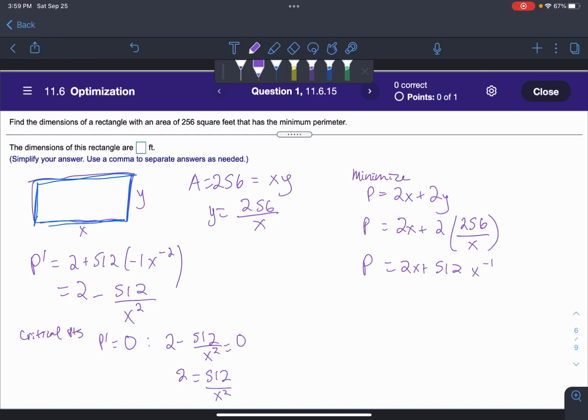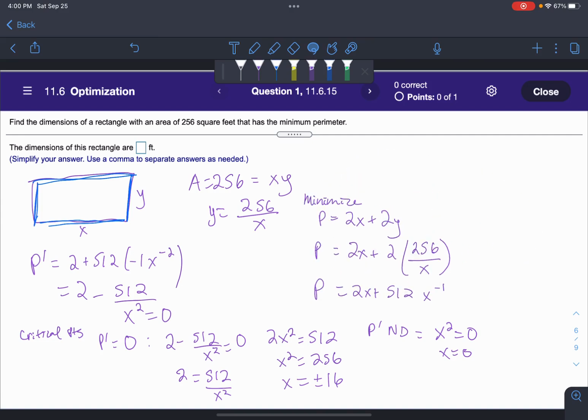And you can multiply both sides by x squared to get 2x squared is equal to 512, or x squared is equal to 256. And then if we square root both sides, we get plus minus 16. Another critical point is where p prime does not exist. And this occurs when my denominator over here is 0. So when x squared is equal to 0, or when x equals 0.